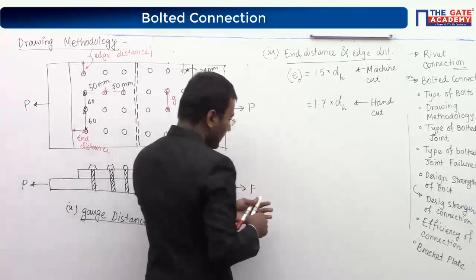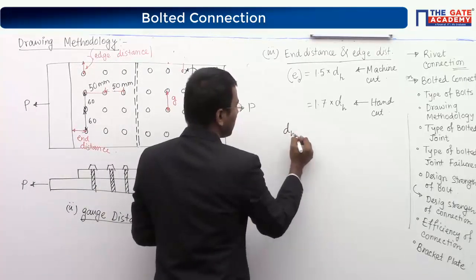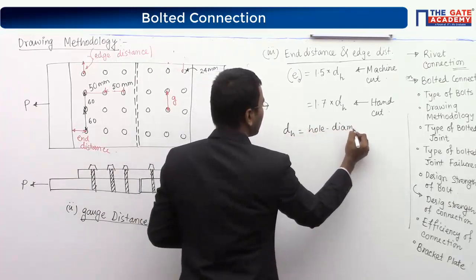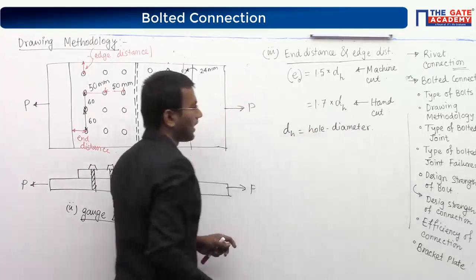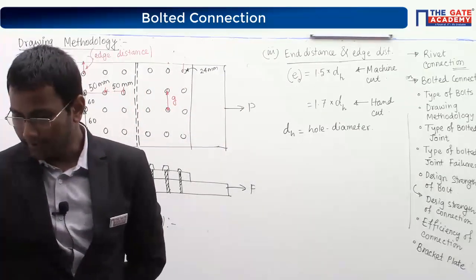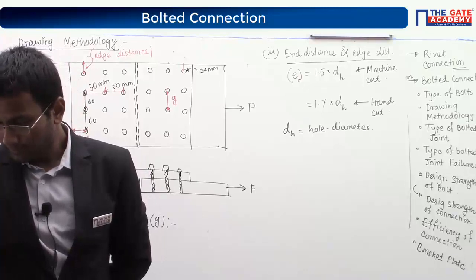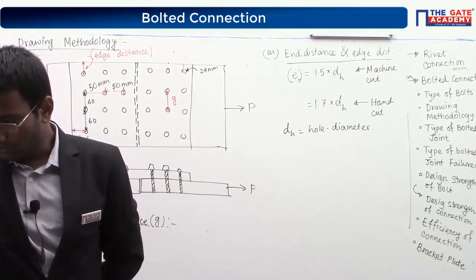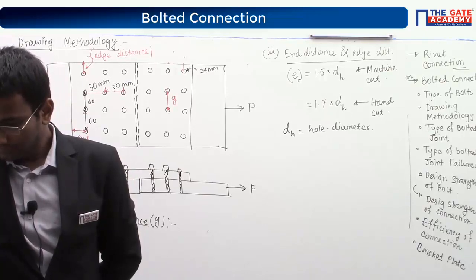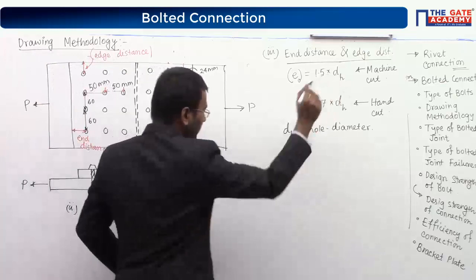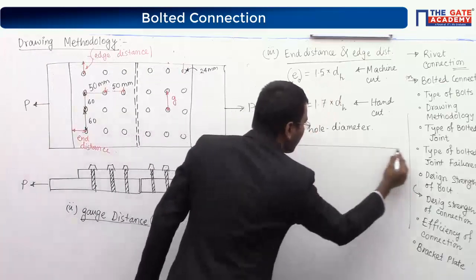Now what is the meaning of dH? dH is nothing but hole diameter. This dH value you can also find out from a table. Please go through the table. How can I find the dH value for a bolt?